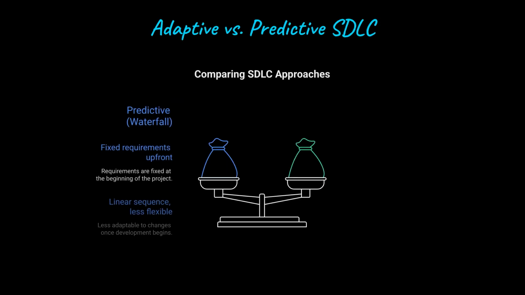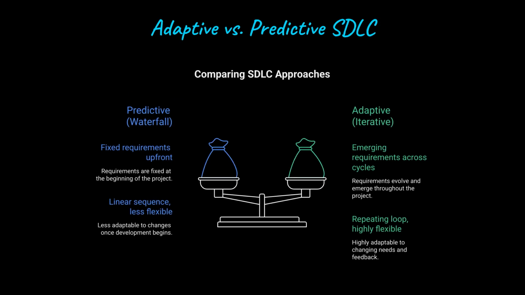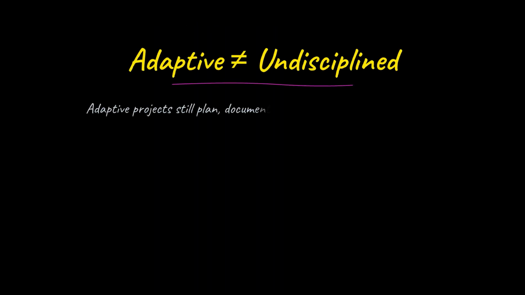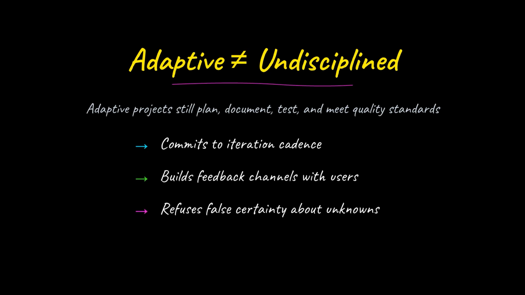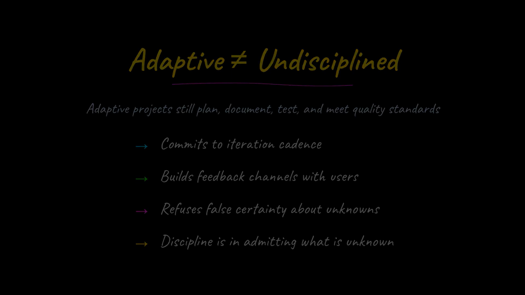Predictive approaches like waterfall lock in requirements at the start and flow in one direction. Adaptive approaches replace that single path with repeating cycles. So discovery and change are built into the structure rather than treated as failures. The exam trap is reading adaptive as sloppy or unplanned. The discipline is real, it just focuses on cadence and feedback rather than locking in a complete plan that will later prove wrong.